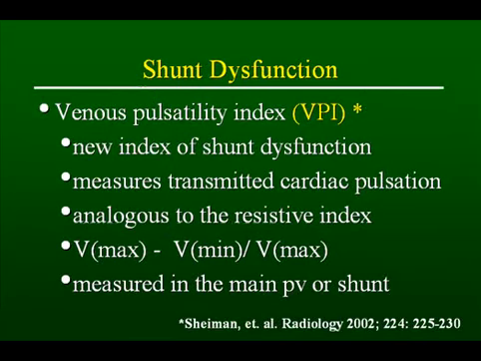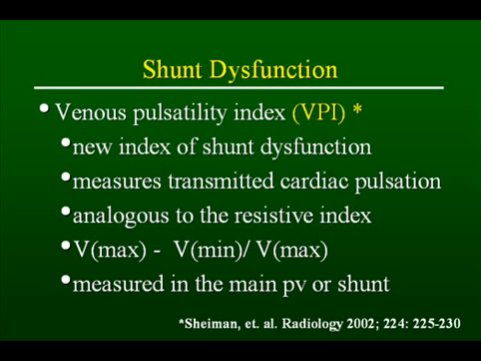One more recent index that has been proposed is the so-called venous pulsatility index. What is suggested here is that when you get a stenosis in the distal shunt, the hepatic venous end, the cardiac pulsation will be dampened.